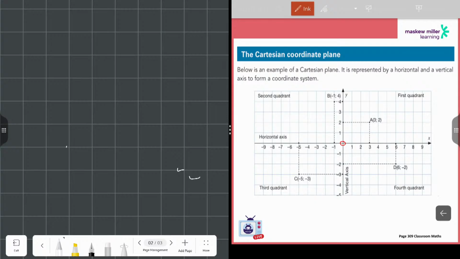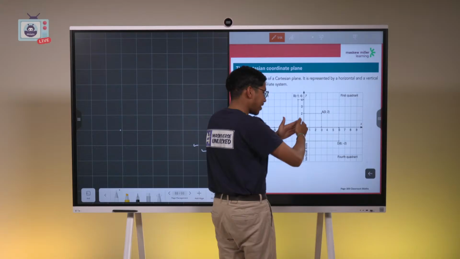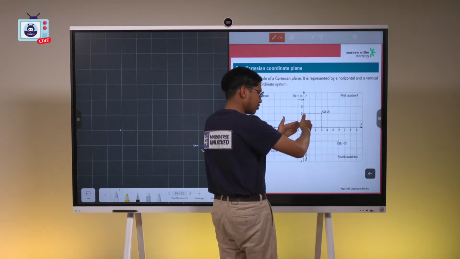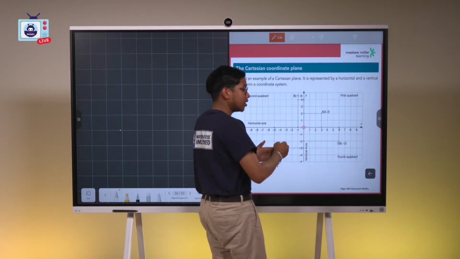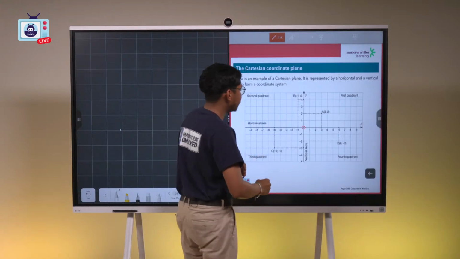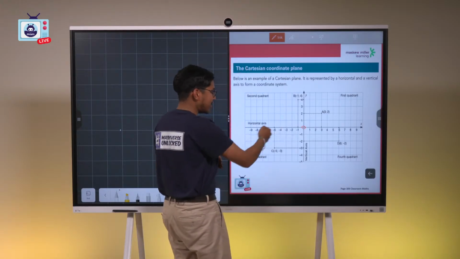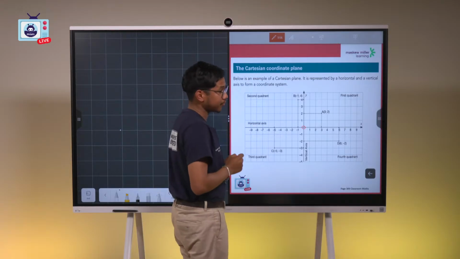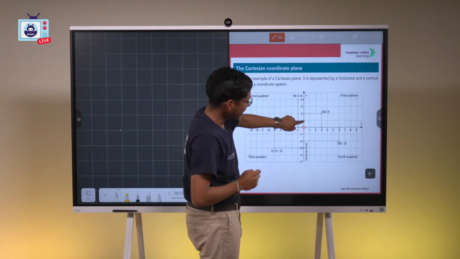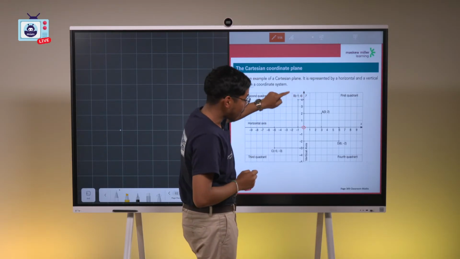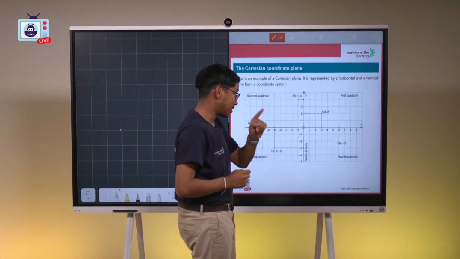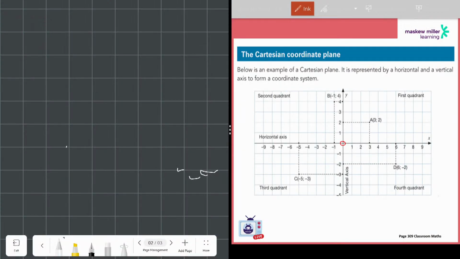So from this point, any number to the right of my origin, meaning all the x values on the right, is always positive. And all the x values going to the left is always negative. All y values going up is always positive, and all y values going down is what? Negative, right? So if we look at this holistically, it is able for us to derive points.